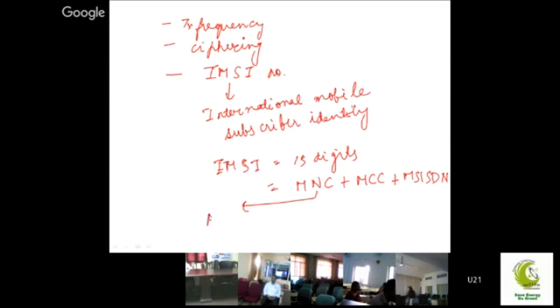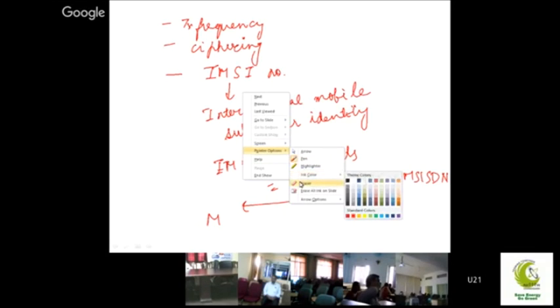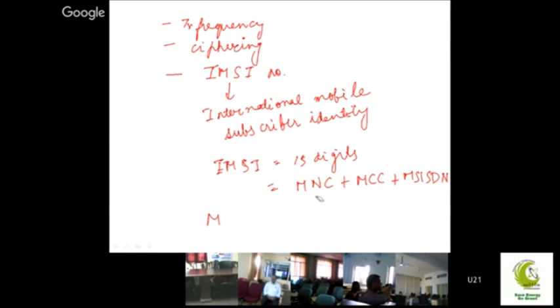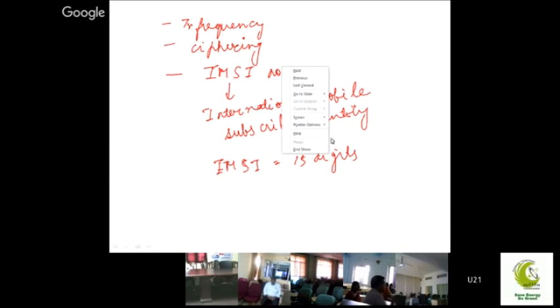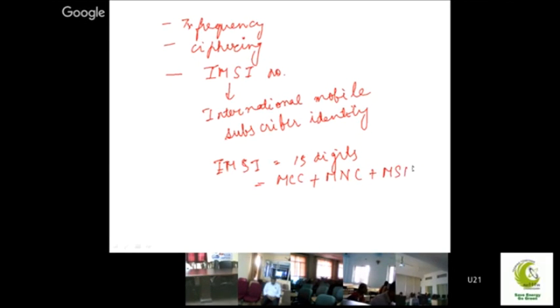Sorry, there is a correction: it is made up of 15 digits, and it is like this: mobile country code, mobile network code, plus MSISDN.